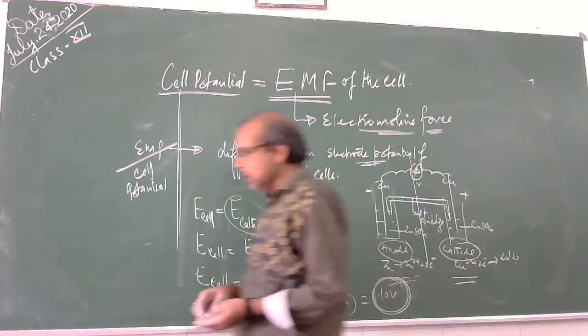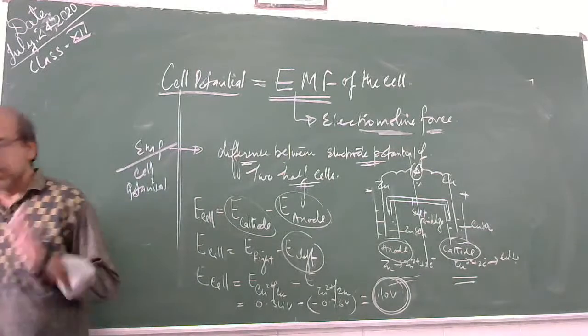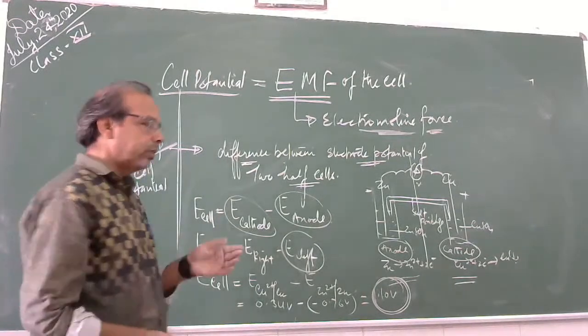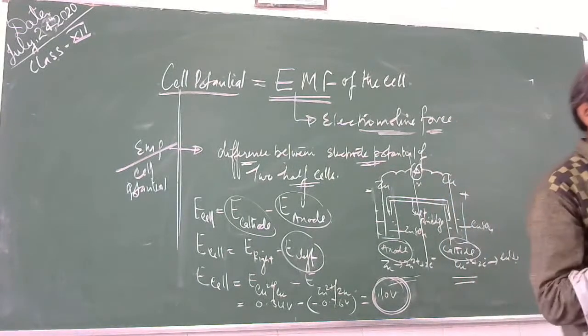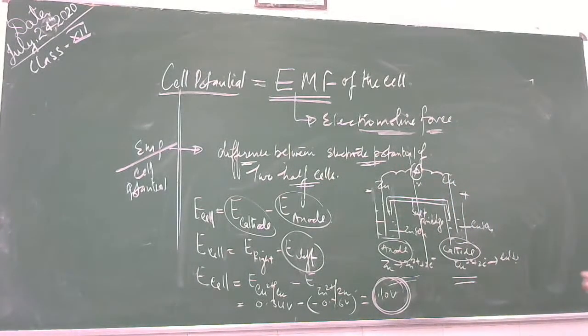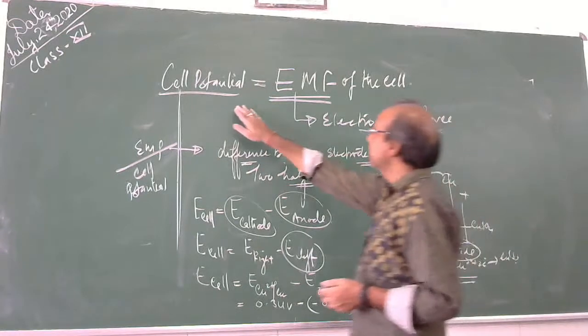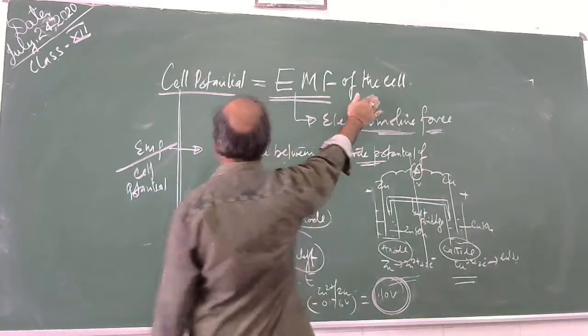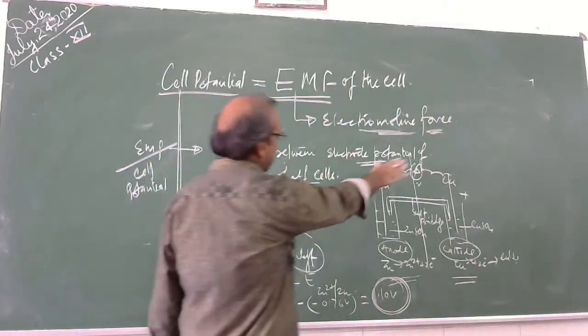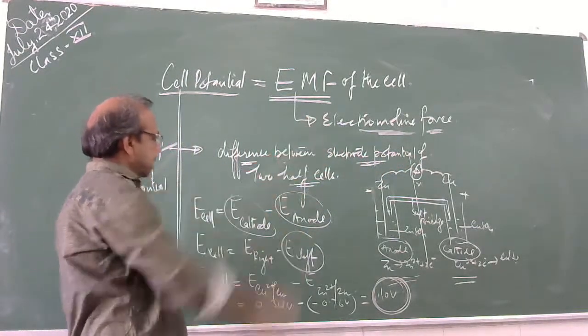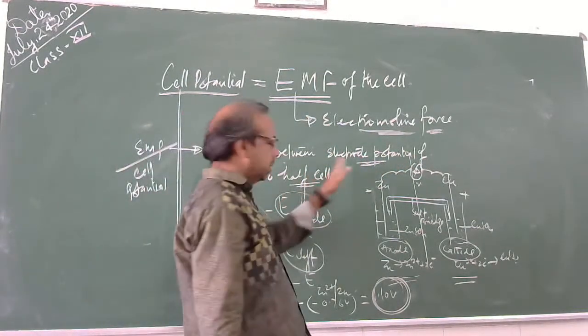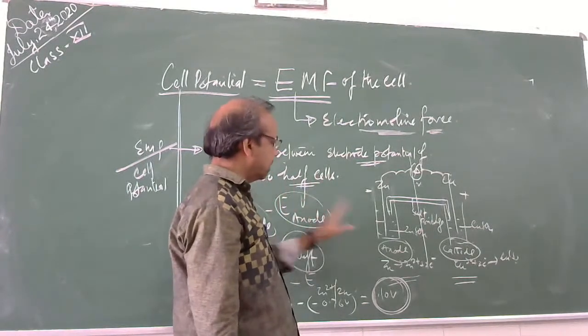So, students, today I discussed the electrode potential, standard electrode potential, standard hydrogen electrode, and cell potential, which is called the EMF of the cell, and that is the difference between the electrode potentials of two half cells.